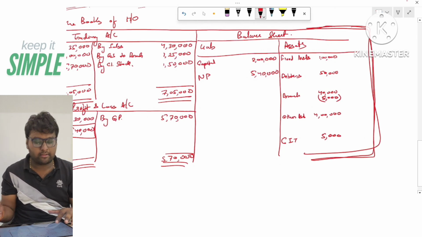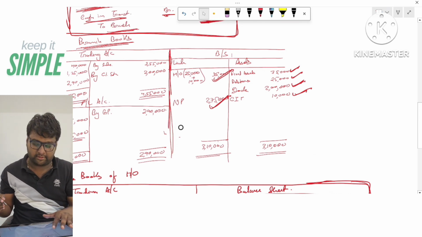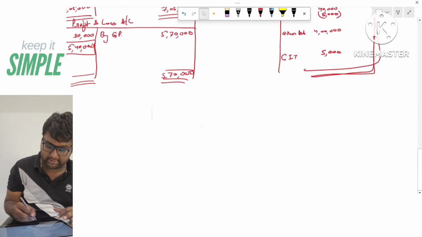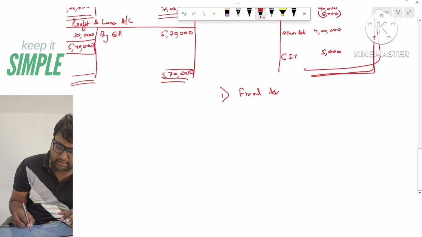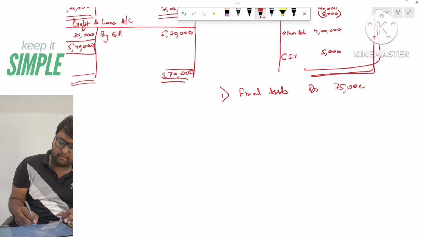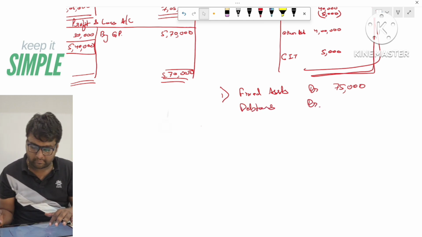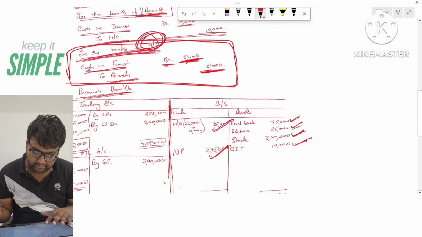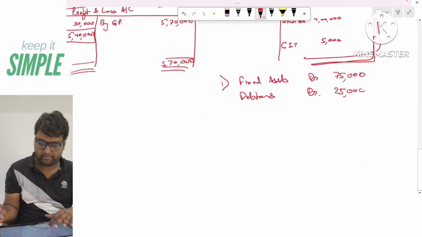We have to pass a journal entry. We'll pass a journal entry that we received fixed assets for 75,000. Fixed assets debit 75,000, debtors debit 25,000. This is the entry which is being passed by head office.